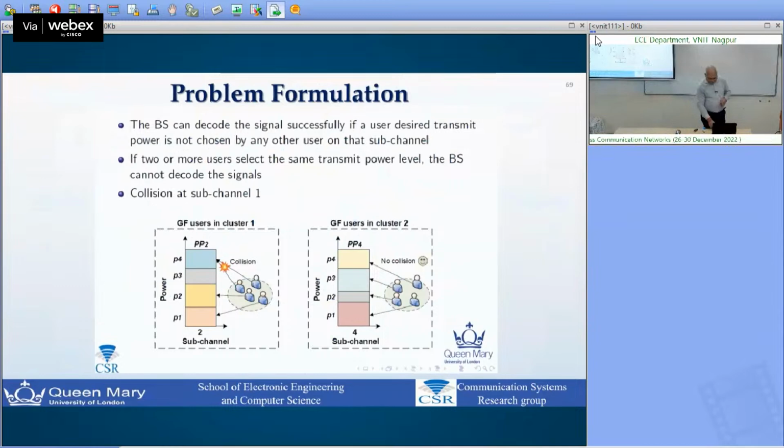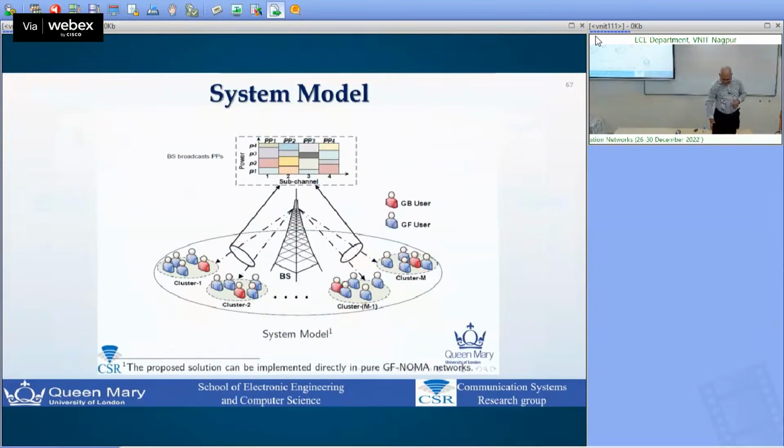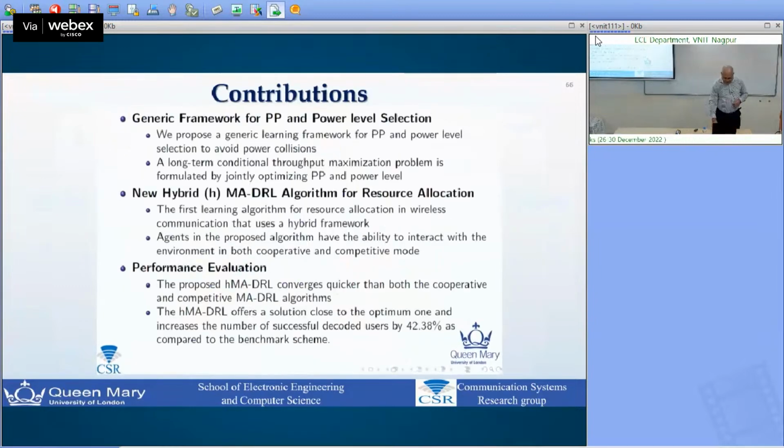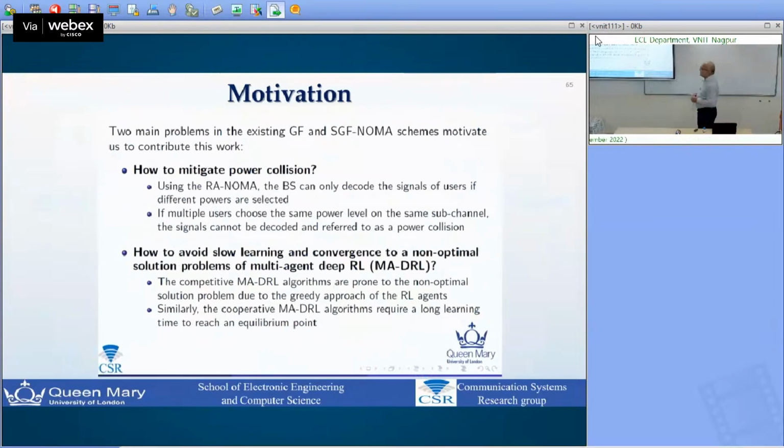So now the question here is how we are going to solve the power collision problem. Another problem is that more than one device selects the same power level.